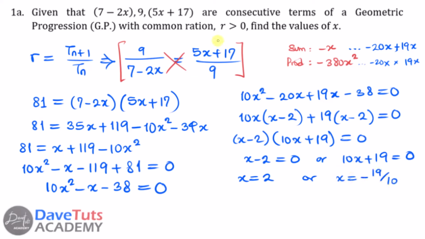But look at what we were told. We were told initially that r is greater than 0. This is a big factor for us. And what are the values of r? It is either this or this. Now this is what I want to do. How do I finalize my answer? I think I will just quickly check. You can compute this, put this into the equation and see what it's going to give you.